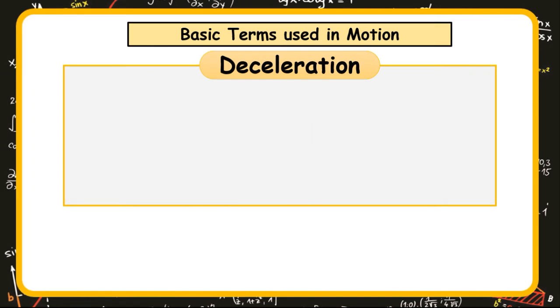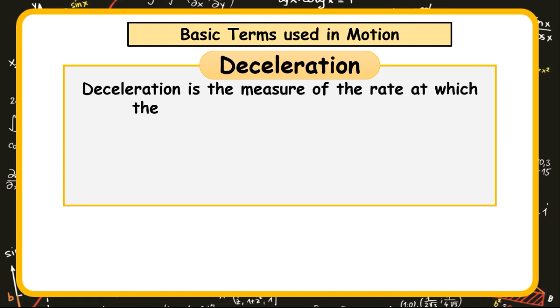Then lastly, on the terms, we'll look at deceleration. The name should ring a bell. Acceleration, deceleration. So that means an opposite of acceleration. So deceleration is also defined as the measure of the rate at which the velocity of a body is decreasing.